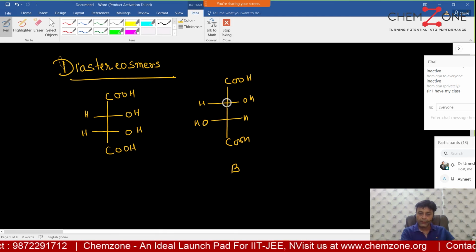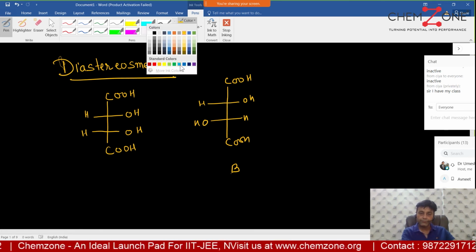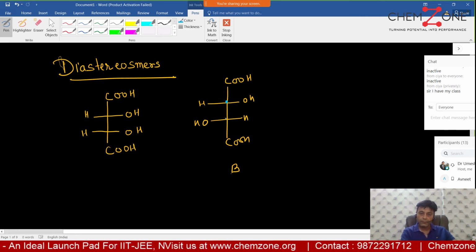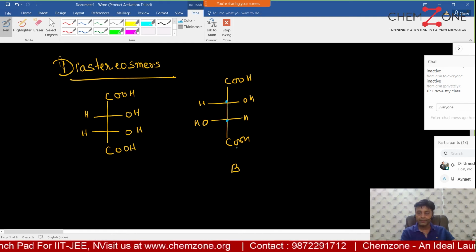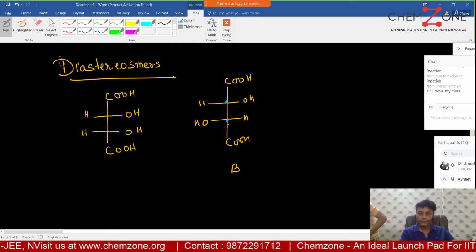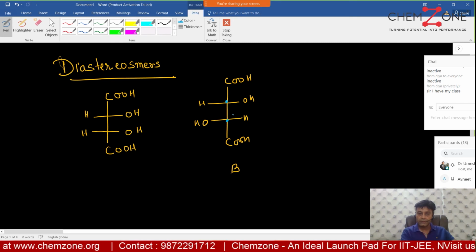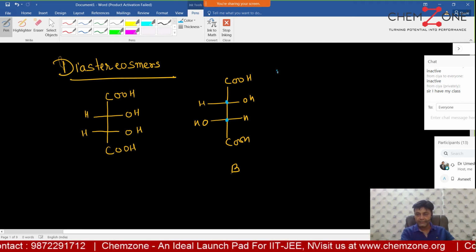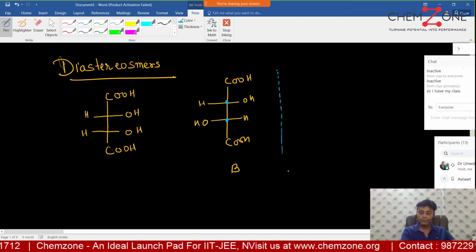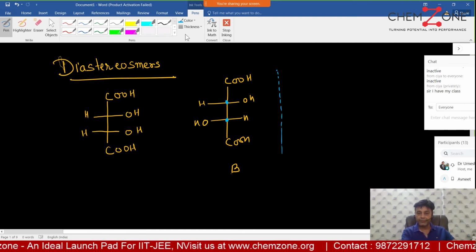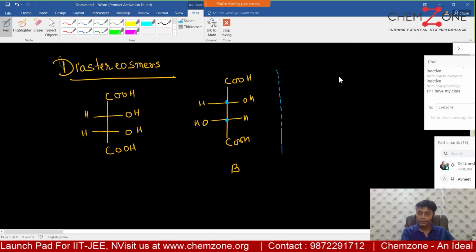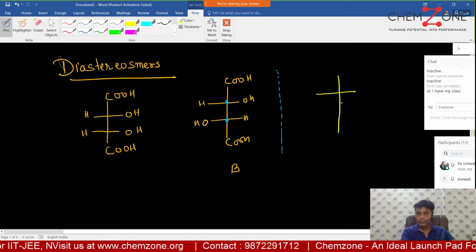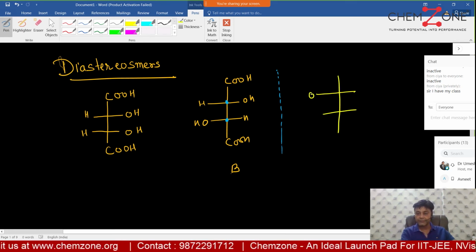It has 2 chiral carbon atoms here. Can you see? It has 2 chiral carbon atoms, right? And now if I make its mirror image, literally inverted images are formed.